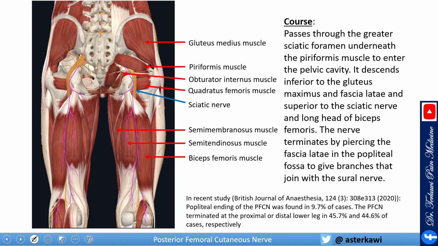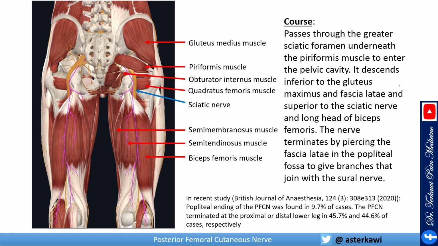The nerve passes through the greater sciatic foramen, underneath the piriformis muscle, to enter the pelvic cavity. It descends inferior to the gluteus maximus and fascia lata and superior to the sciatic nerve and long head of the biceps femoris.